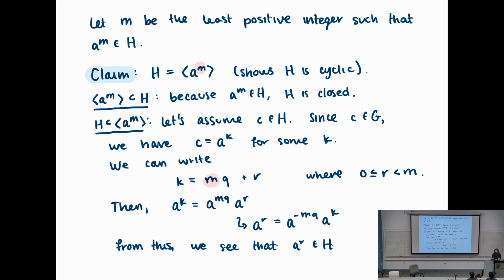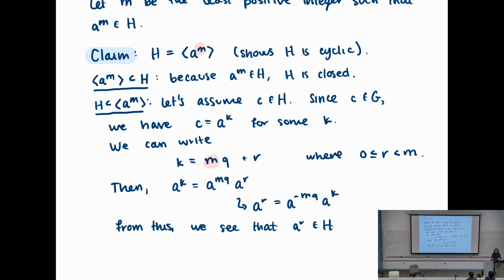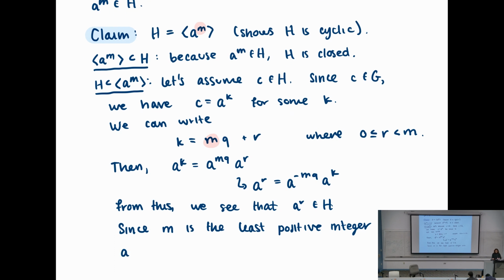But m was the least positive integer with a to the m in H, so that forces r to be 0. So since m is the least positive integer with a to the m in H, we have that r must be equal to 0.